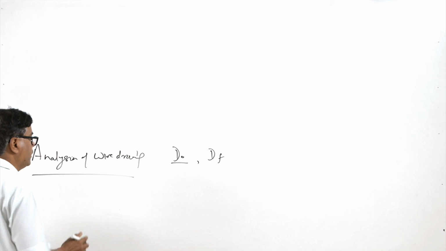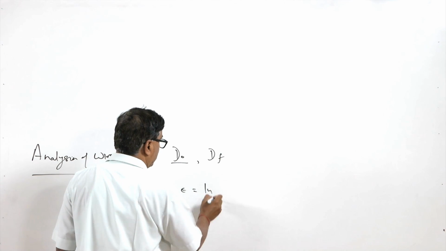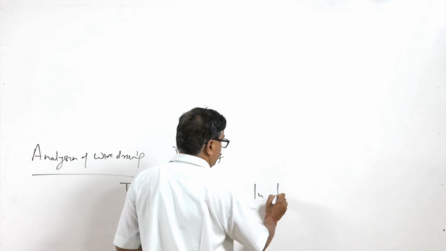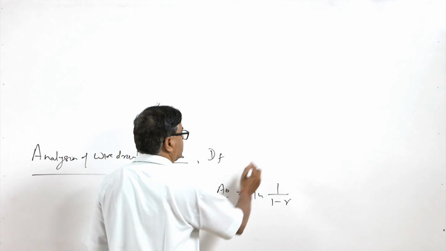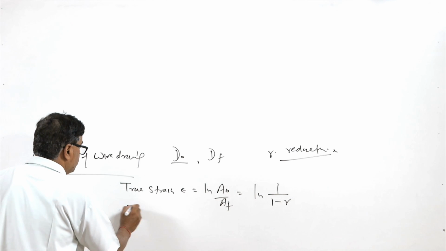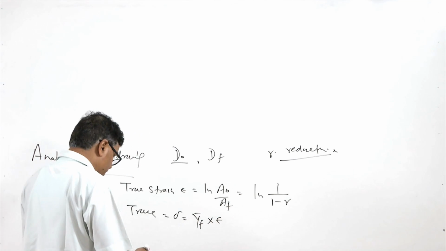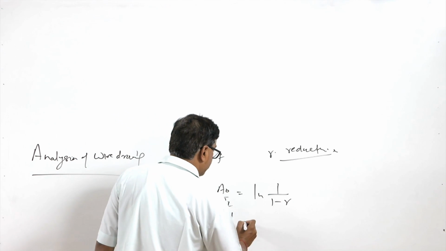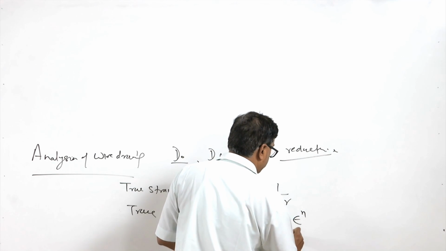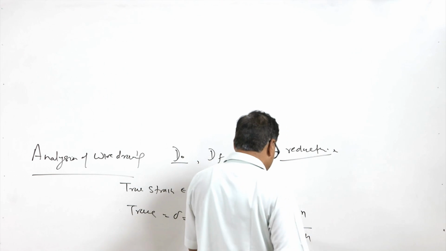For determining the true strain, we basically use the log of A naught divided by Af, which is also written as log of 1 by 1 minus r. r is the reduction percentage as I have shown earlier, and then the true stress is calculated using the average flow stress multiplied by the true strain, and average flow stress is obtained using the simple equation: strength coefficient multiplied by the true strain raised to the power n, where n is the strain hardening exponent, divided by 1 plus n. So, this is the average flow stress.